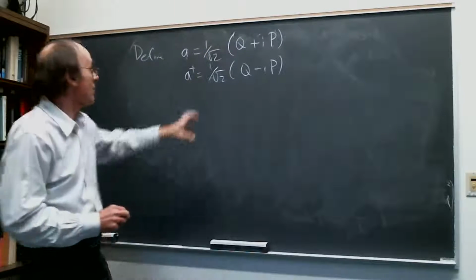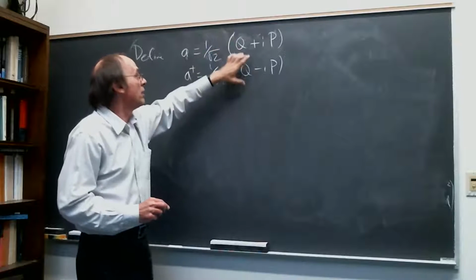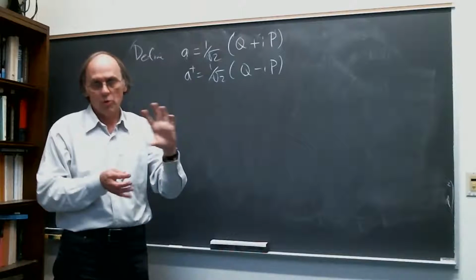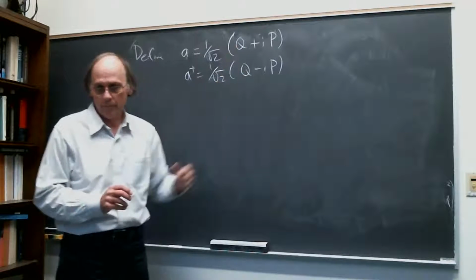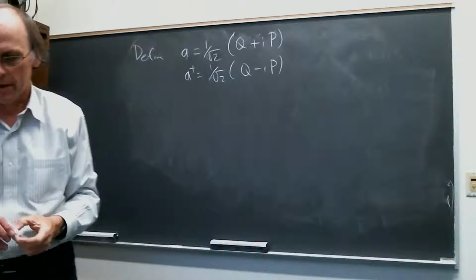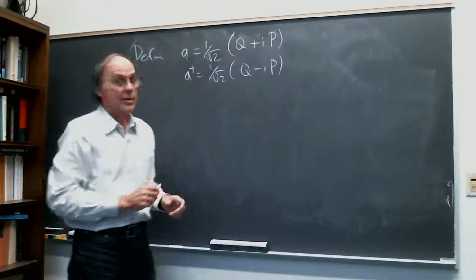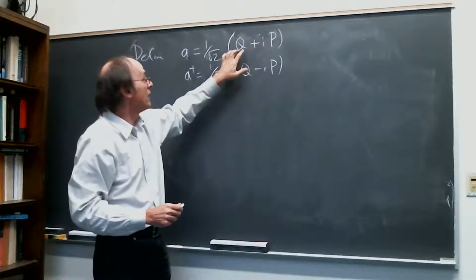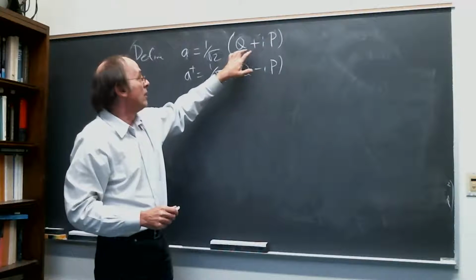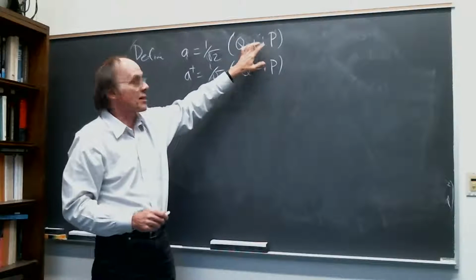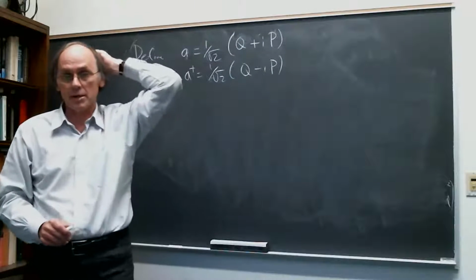So this diagonalizes the SO2 or U1 action in the QP plane. But it does so in a tricky way that complexifies everything. You're now looking at not self-adjoint operators, but complex linear combinations of self-adjoint operators that aren't necessarily self-adjoint.